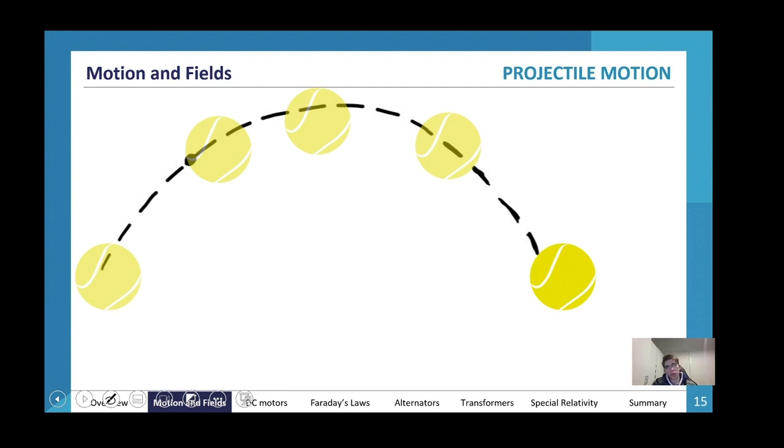So the weight force pulls down the baseball, and that's why it slows down and falls to the ground.